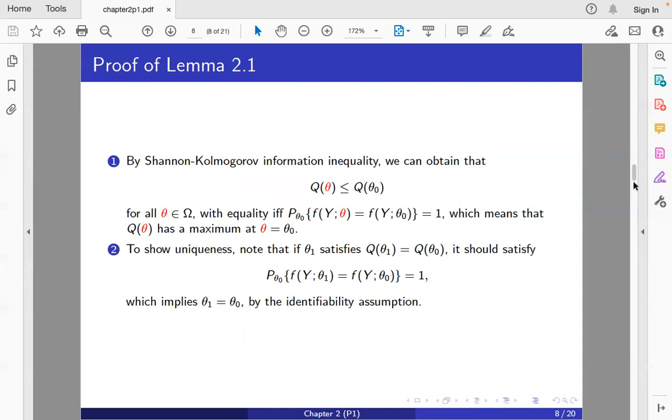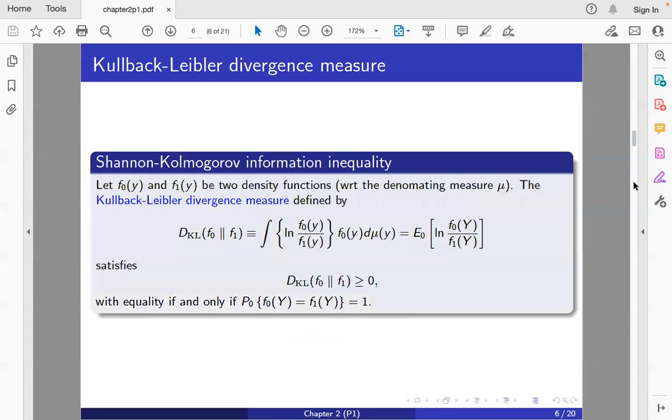The Shannon-Kolmogorov information inequality, what is that? Are you talking about this page? In the definition, the Kullback-Leibler, on the right side, log of F1 by F0, divided by F0 to have expectation equal to y now.